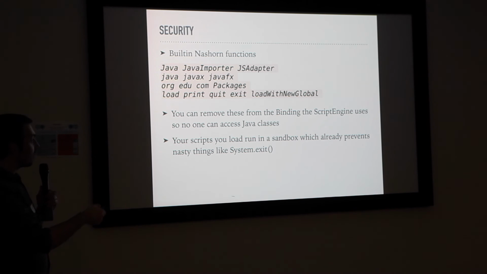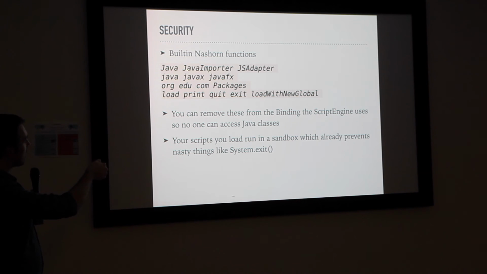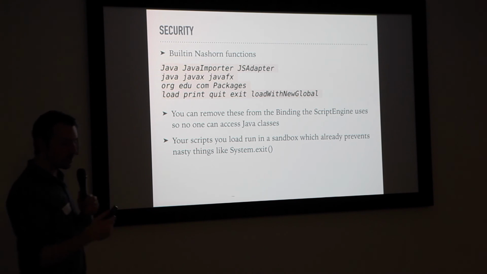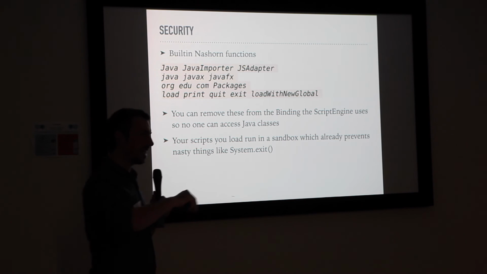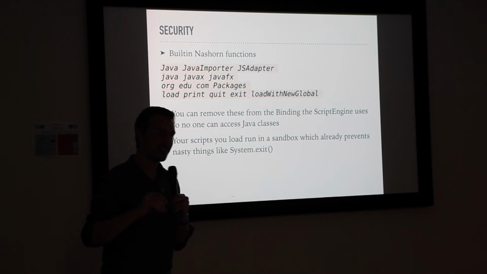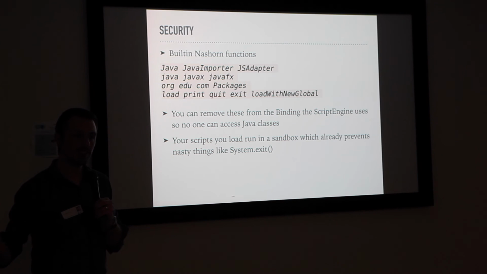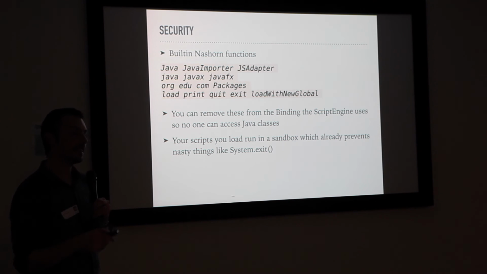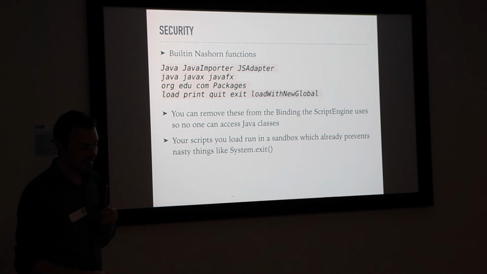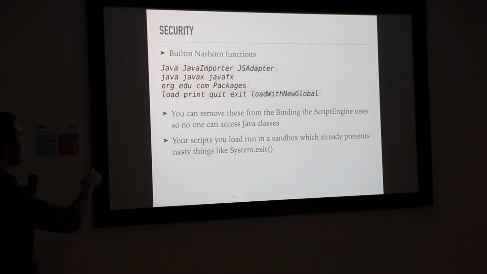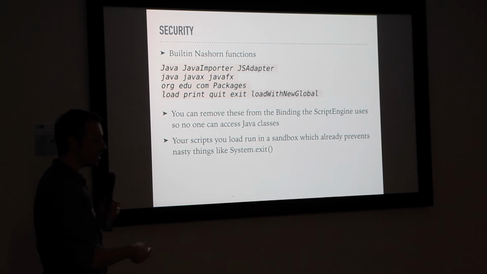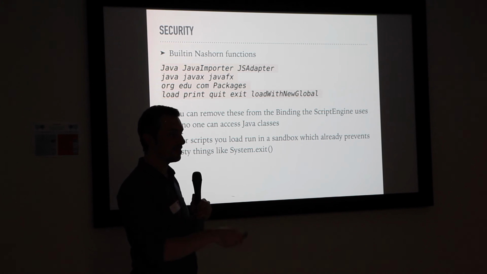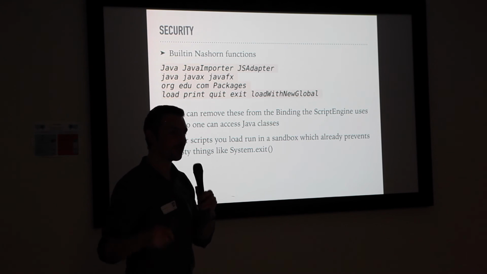Some of them are good to have, because if you take away these Java importers, there's some cool stuff where they help you deal with Java objects, and if you're using different libraries on the JVM, you'd probably want to keep them around or at least re-expose them. So maybe you didn't want to call it Java, you wanted to call it Oak so that people didn't know about it, and then security by obscurity, right?